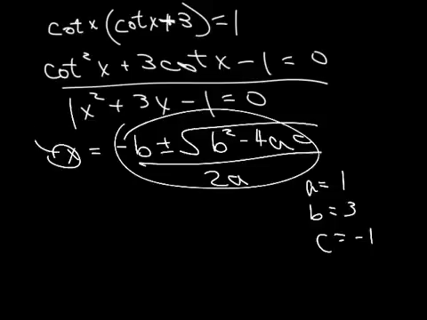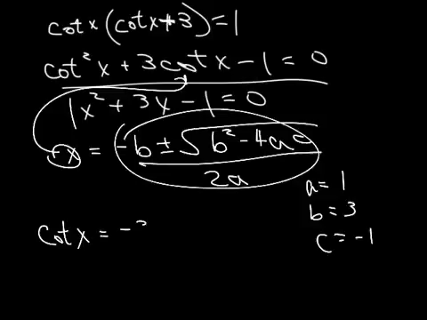And what did I say my x was? Cotangent of x. So my cotangent of x will be the answer when I do this quadratic formula. And I get as an answer negative 3 plus or minus the square root of 13 over 2.